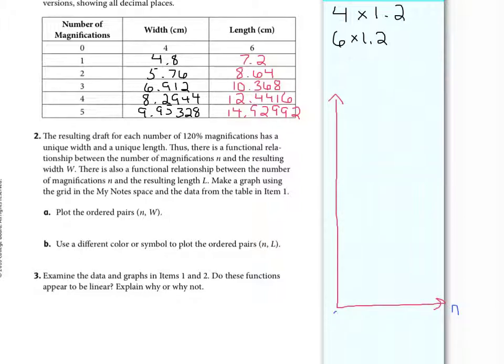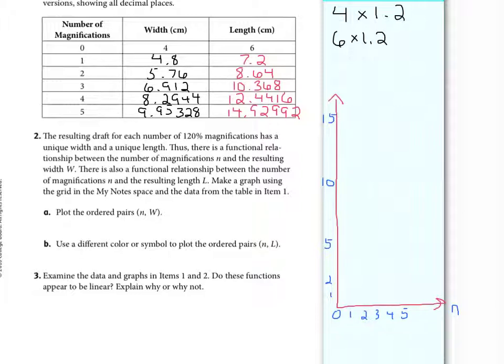So it starts at 0, 1, 2, 3, 4, and 5, and going up 1, 2, 3, 4, 5, 6, 7, 8, 9, 10, 11, 12, 13, 14, going all the way up to 15.